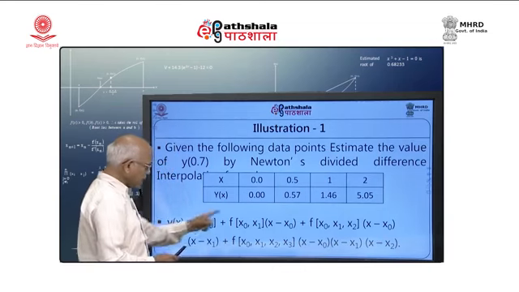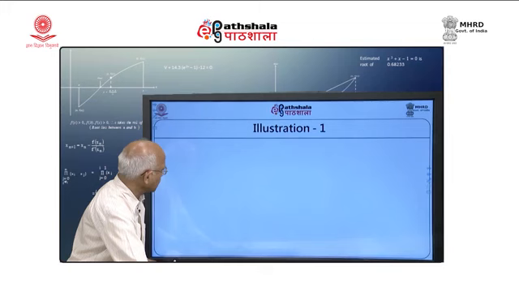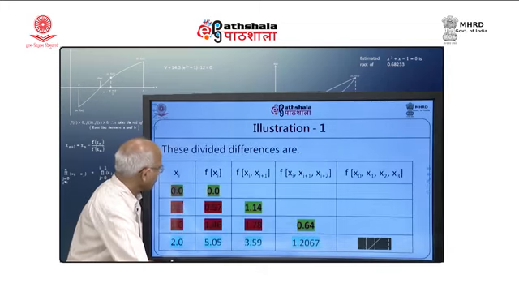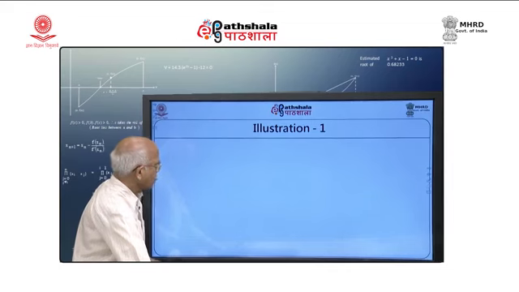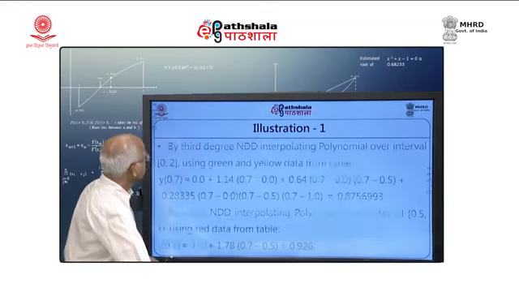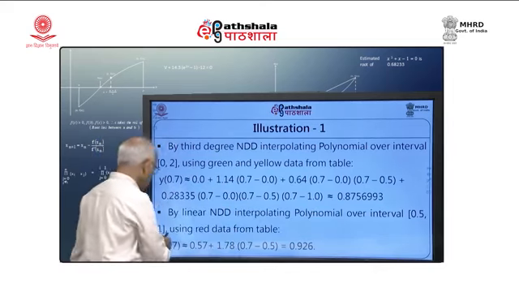But what is my x 0? Now, the x 0 position has changed, because now I am looking at the interval 0.5 to 1.